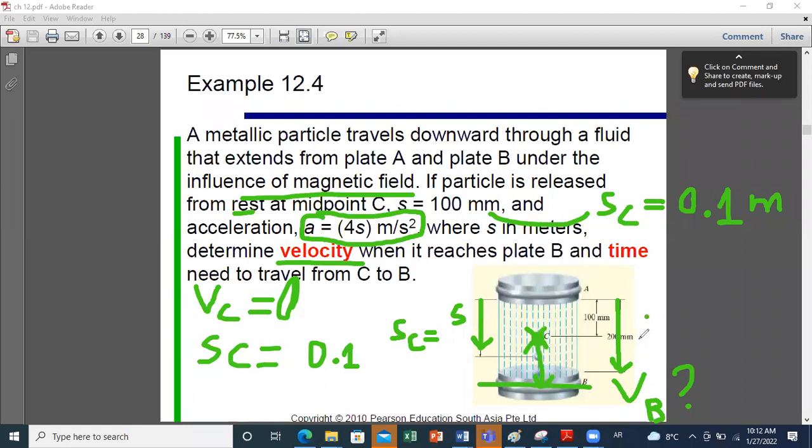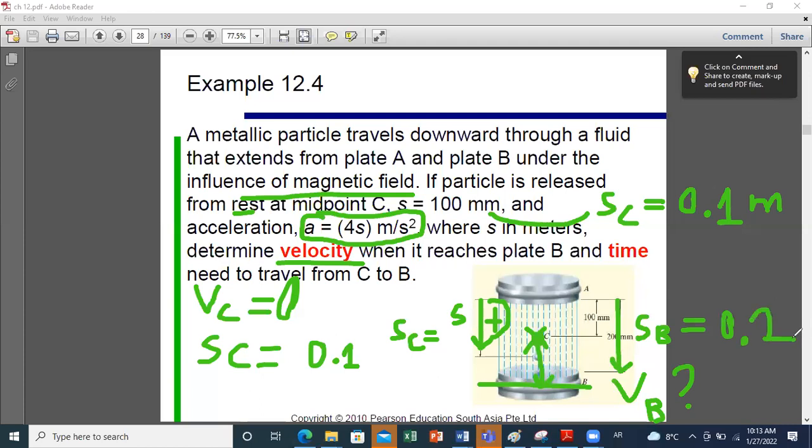This means that S of B is positive because the axis is positive downward. Okay, I always respect the axis direction I considered at the beginning. So you take a reference and you follow it. Here it's given for me, I should respect it. So SB is 0.2. Okay.